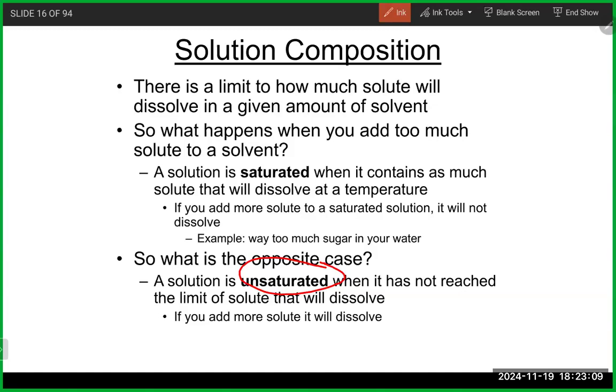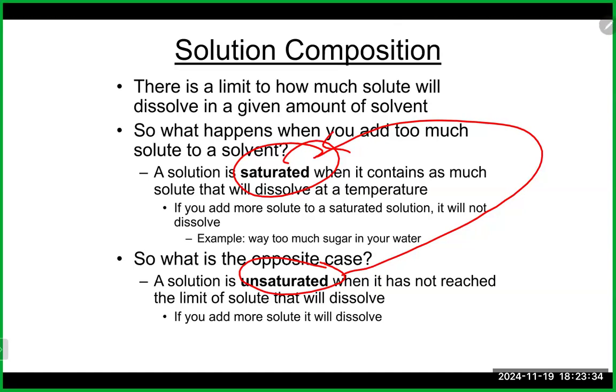In an unsaturated solution, you haven't hit that point yet, which means if you want, you can continue to dissolve more solid in that solvent until you hit a saturated solution, at which point it will not dissolve anymore. Any questions on that there?